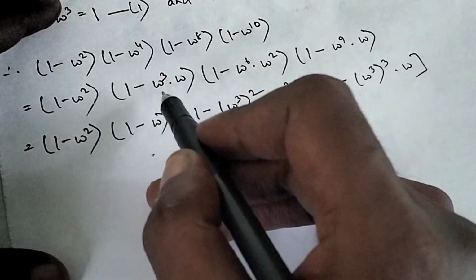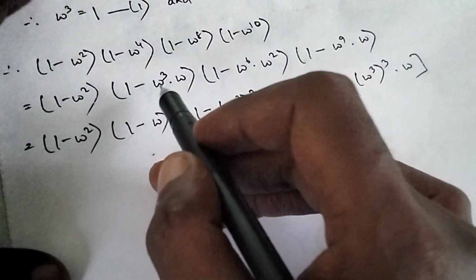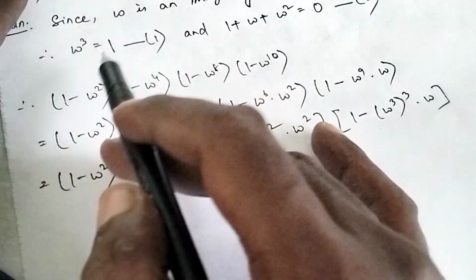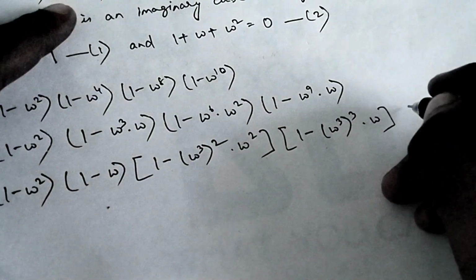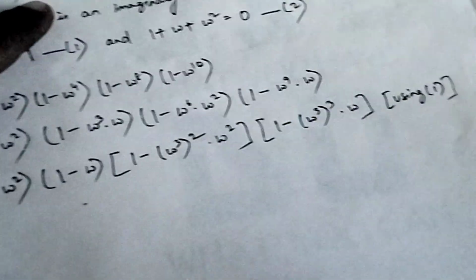Here we got the value of this 1. Omega cube is equal to 1. From where have we got this? By using equation 1. So here you have to write using 1.